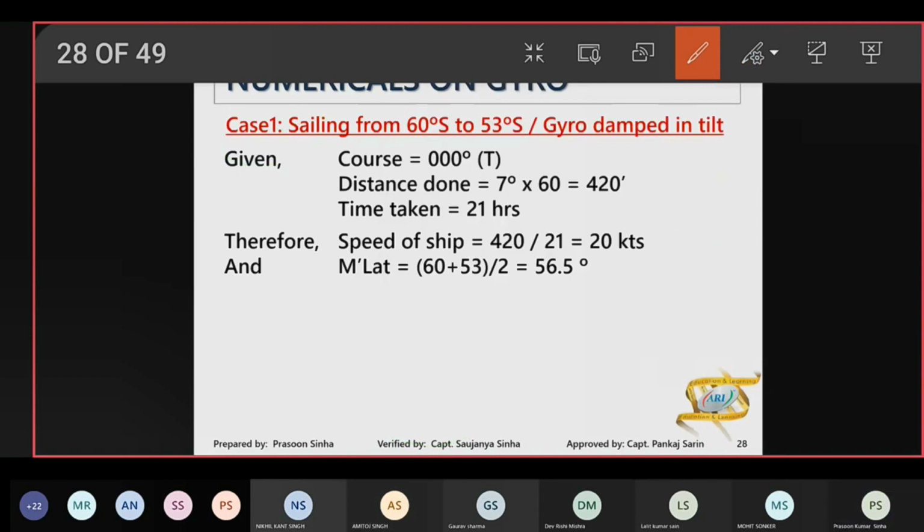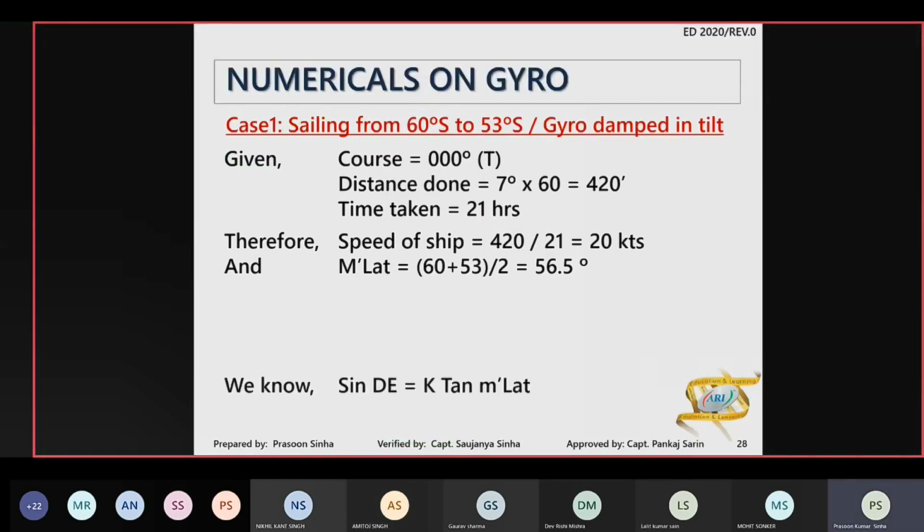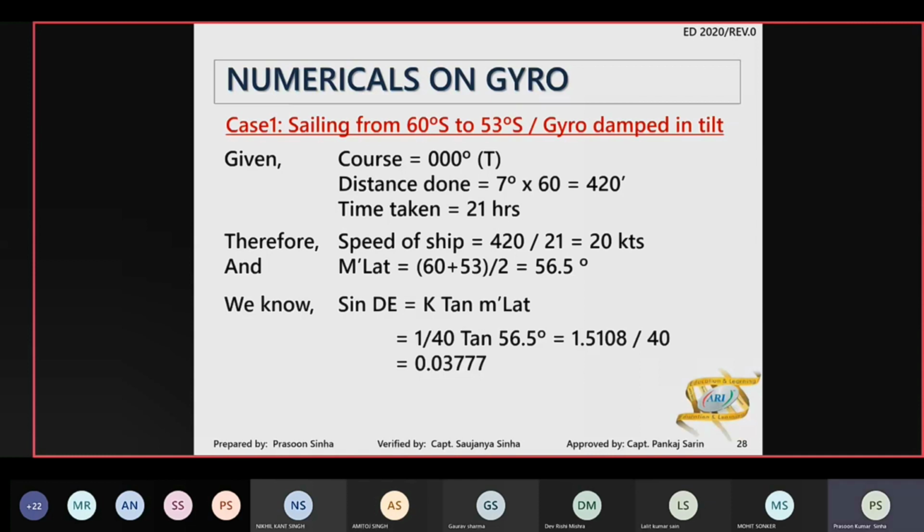So see if you are happy with this. Sin DE is equal to K tan MLAT. And we calculate the value. At the bottom it is clearly written that since it is in the southern hemisphere, the error is going to be westerly, of 2.16 degrees.